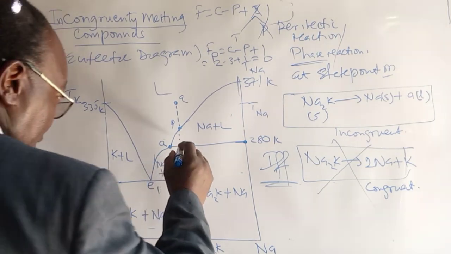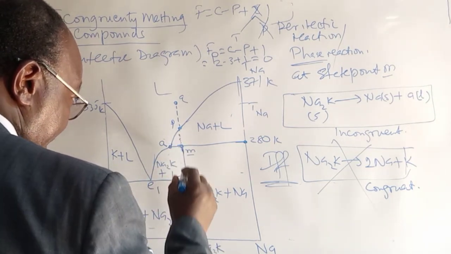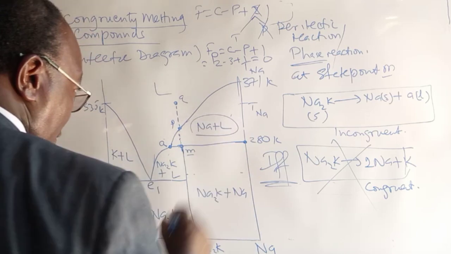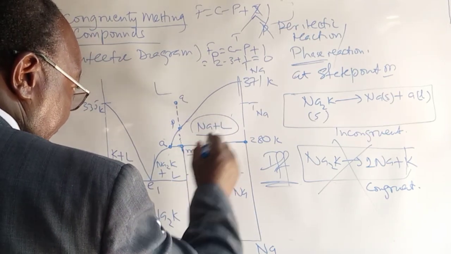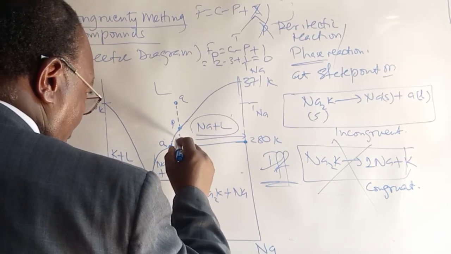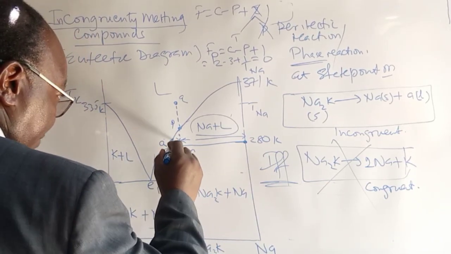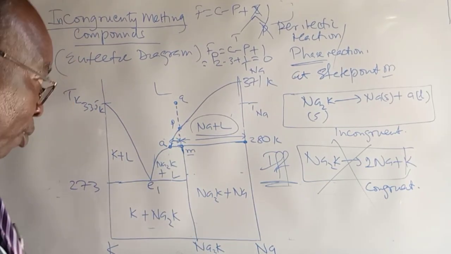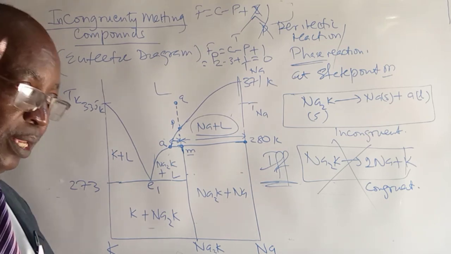And then of course, as you continue increasing the temperature, you're in this region where you have sodium and liquid. Remember, their relative amounts are given by the lever rule for the various segments. We have given lectures on the lever principle, so you need to just go through it.